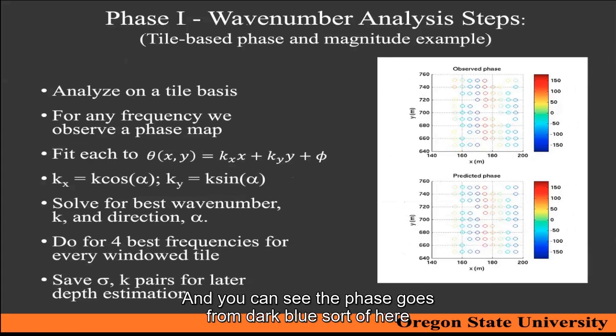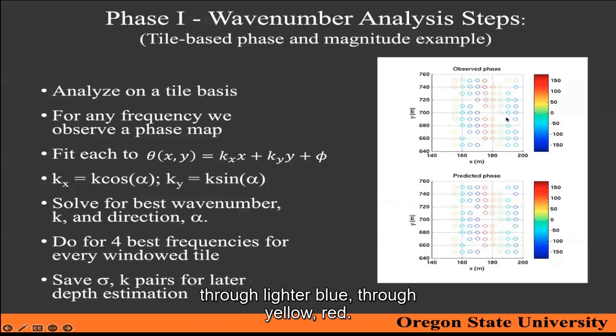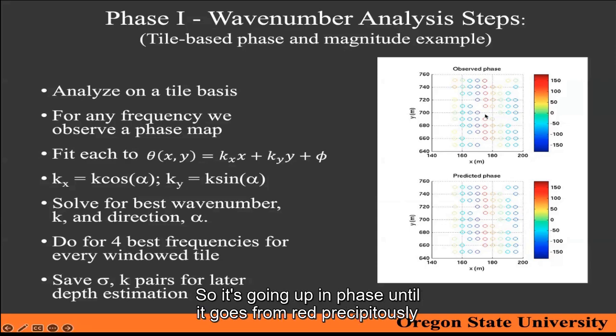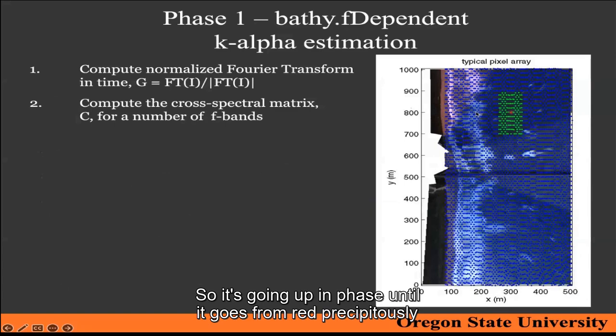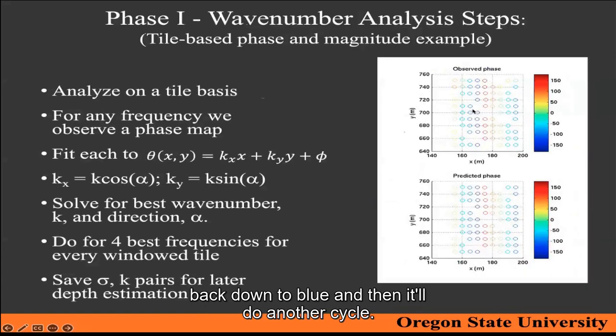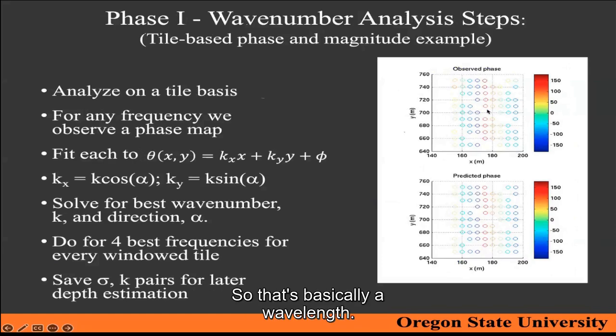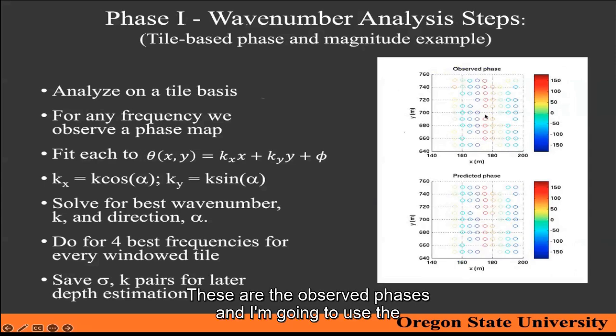You can see the phase goes from dark blue through lighter blue, through yellow, red. So it's going up in phase until it goes from red precipitously back down to blue, and then it'll do another cycle. So that's basically a wavelength. These are the observed phases.